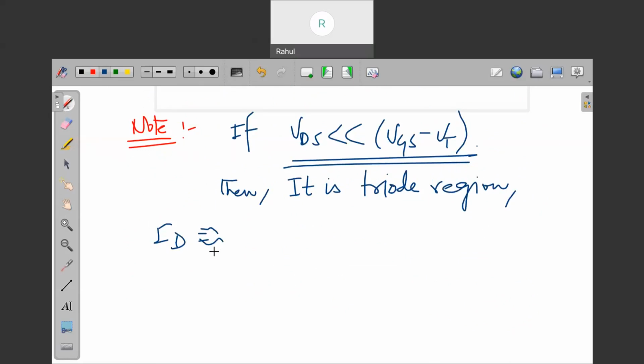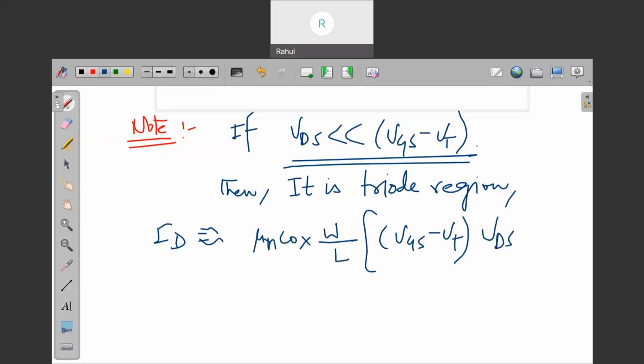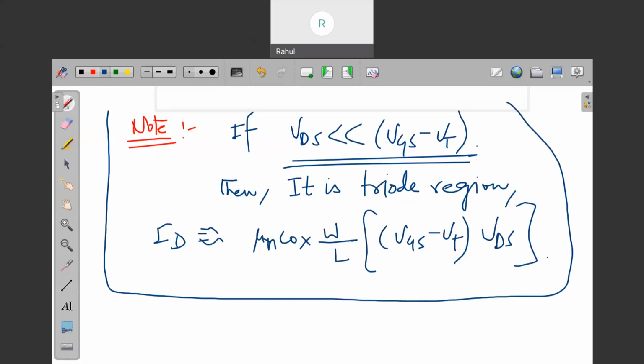So triode region means your MOSFET will behave like a resistor, simple. So ID will be equal to mu n Cox W by L, VGS minus VT times VDS, right? Because you can neglect VDS square, right? So this is the important condition. You have to keep this in mind.